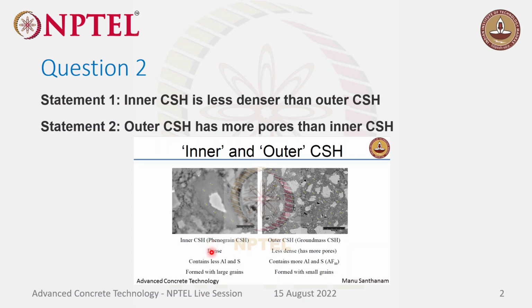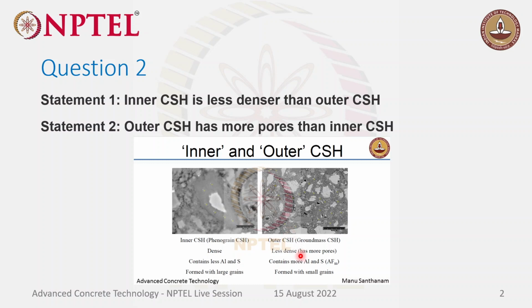So it is very dense. In outer CSH, the calcium and silicate undergo dissolution from the surface and form hydration products on the outer side. So it will be very porous.